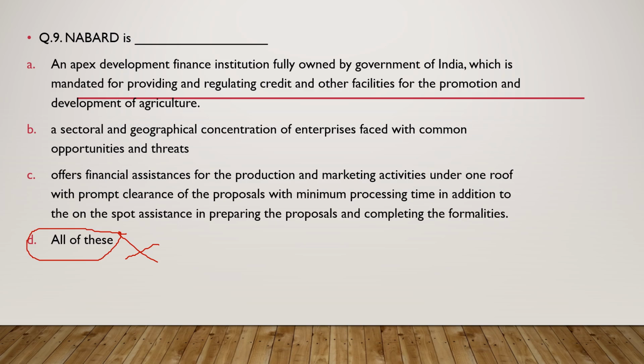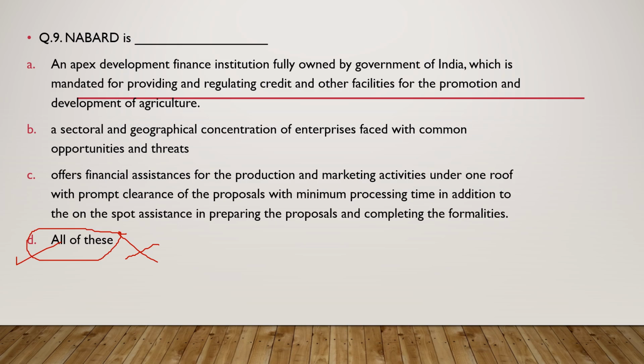You have to read first and be clear about what it is, because the examiners or paper setters are very much aware that students will select all of these options, since 90% of the time they think "all of these" means the correct answer, D. But it is not like that. You should be very careful.